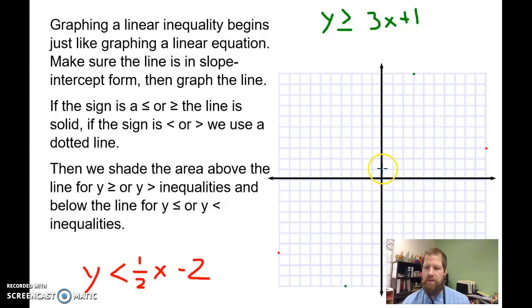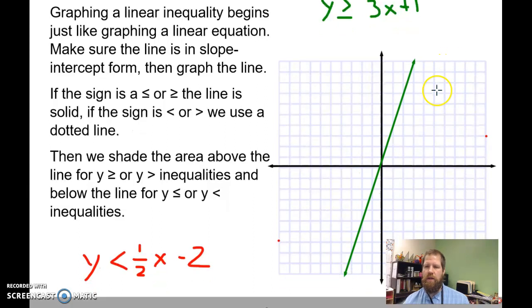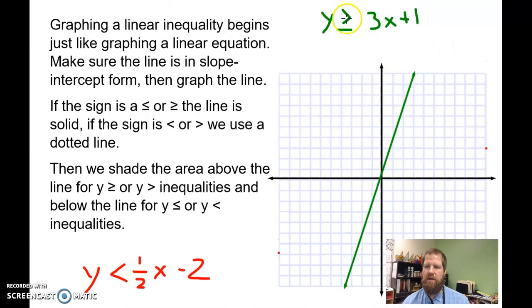Start at your y-intercept, my +1, and then you can count up for your slope. And then you'll make your line, which looks something like that. So that is my line as if this was an equal sign, as if this was just an equation rather than an inequality.